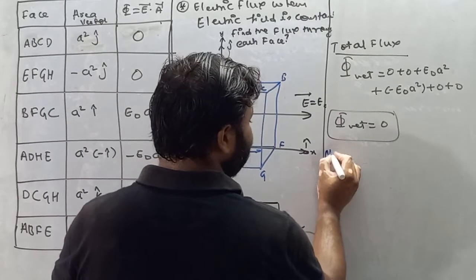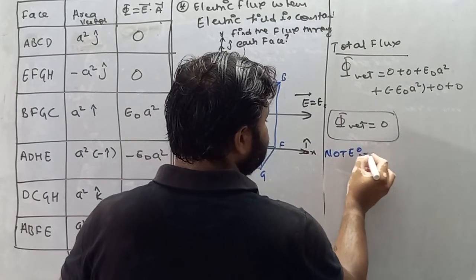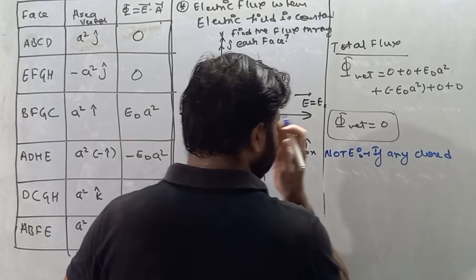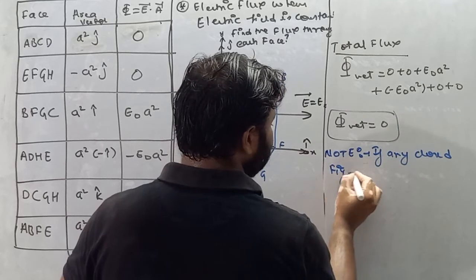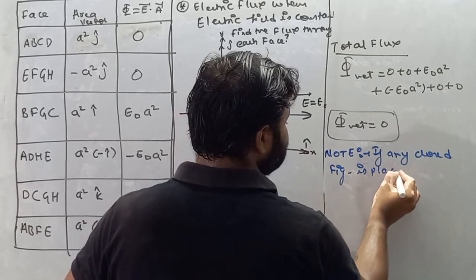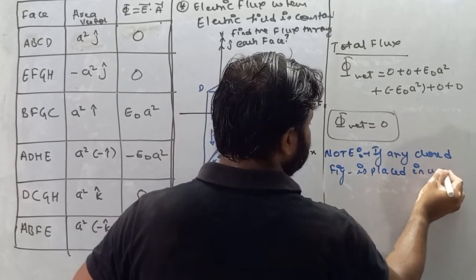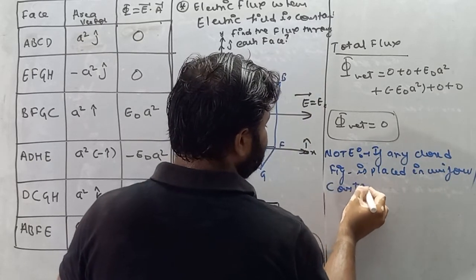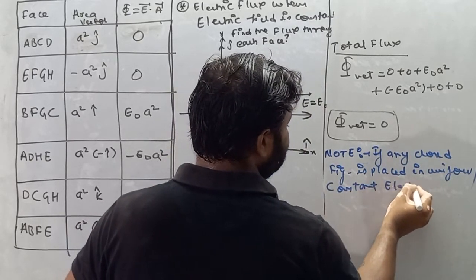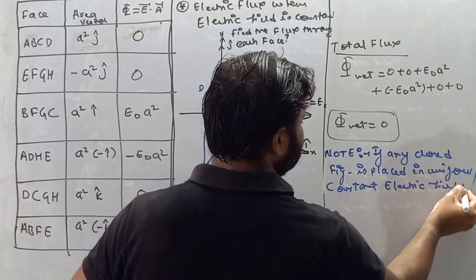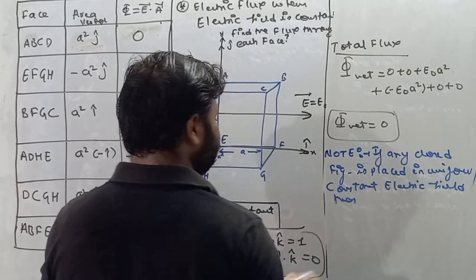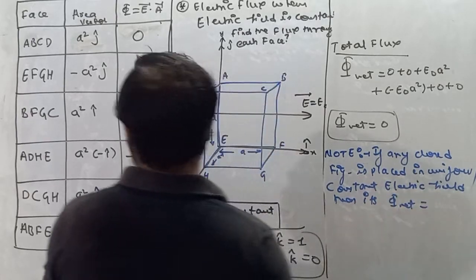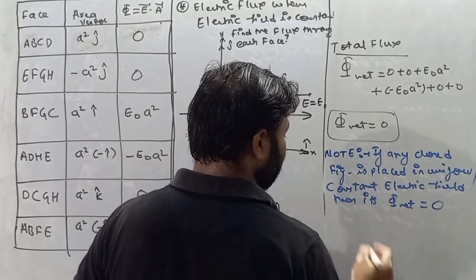So I'll write it in the form of a note: if any closed figure is placed in a uniform, or we can say constant, electric field, then its net flux, not each face, net flux is always 0.